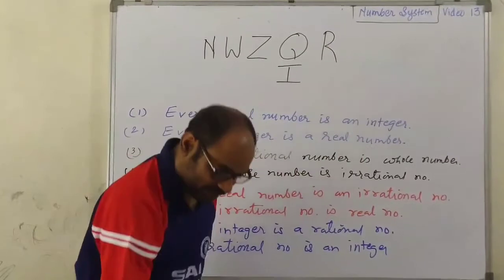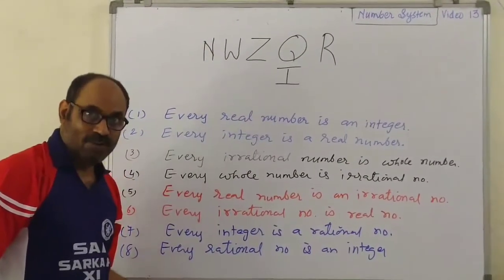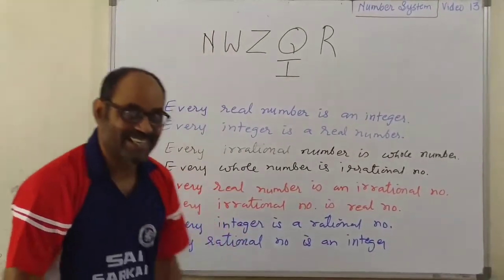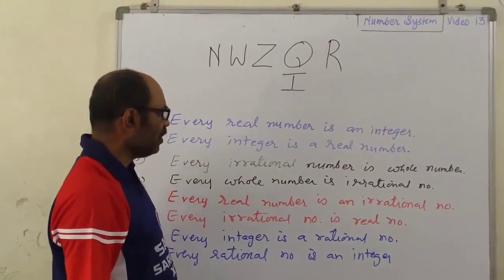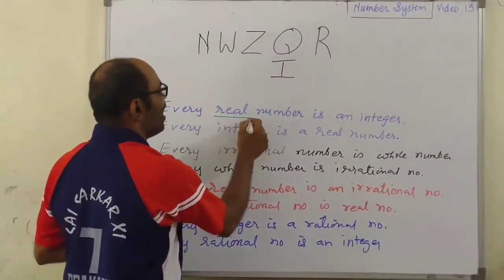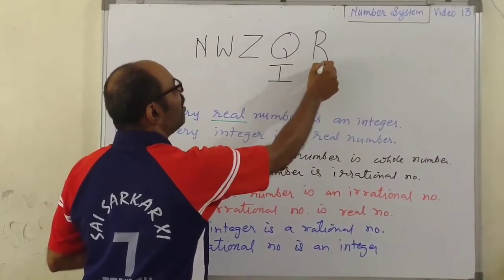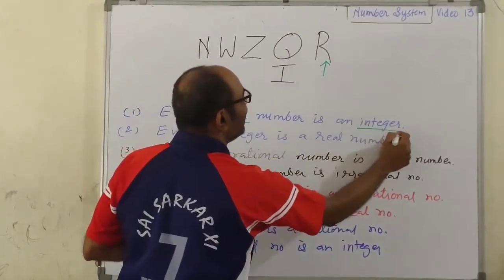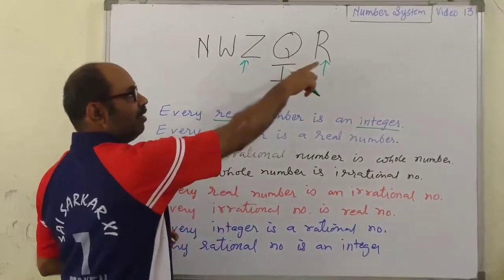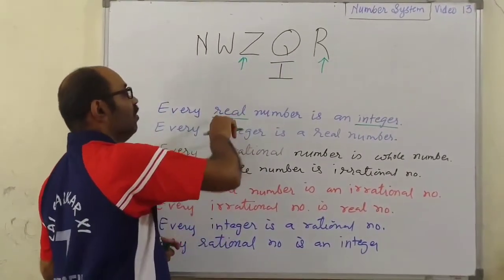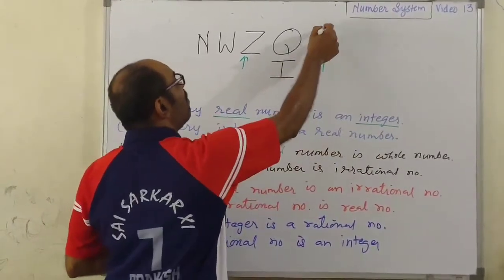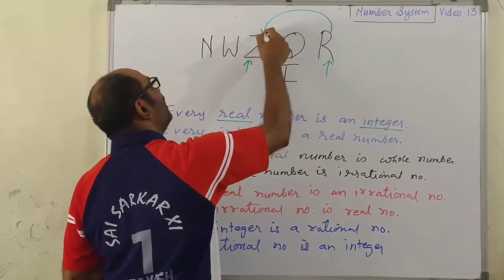Now what is the trick to find out whether the given statements are true or false? Very easy. Children, let's see. Every real number is an integer. Integer is here, so I have marked them. From real number you put an arrow like this.